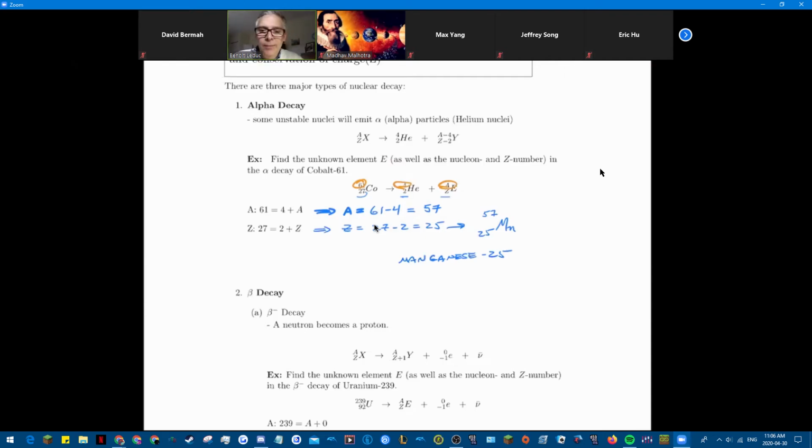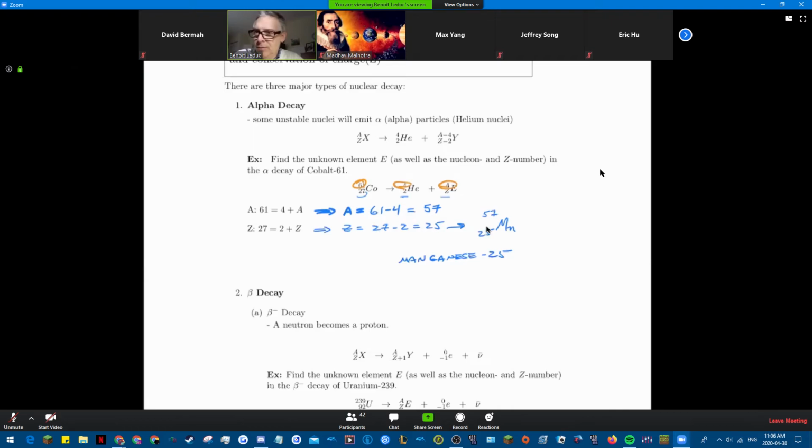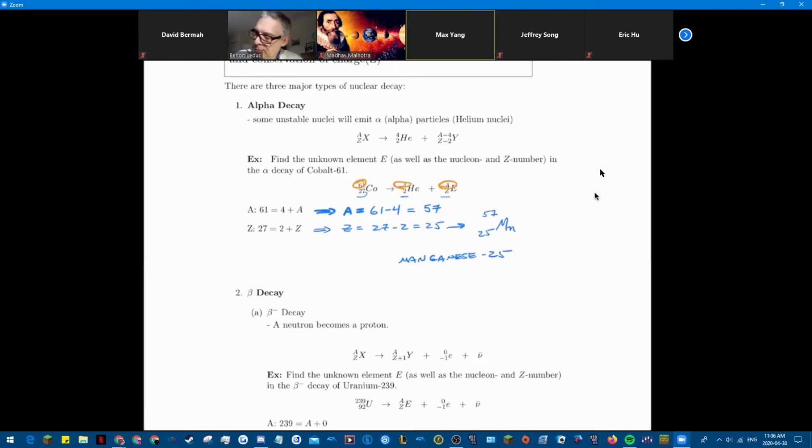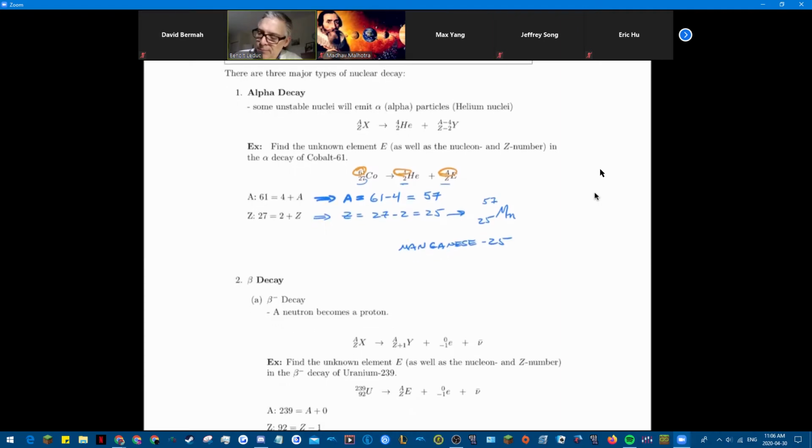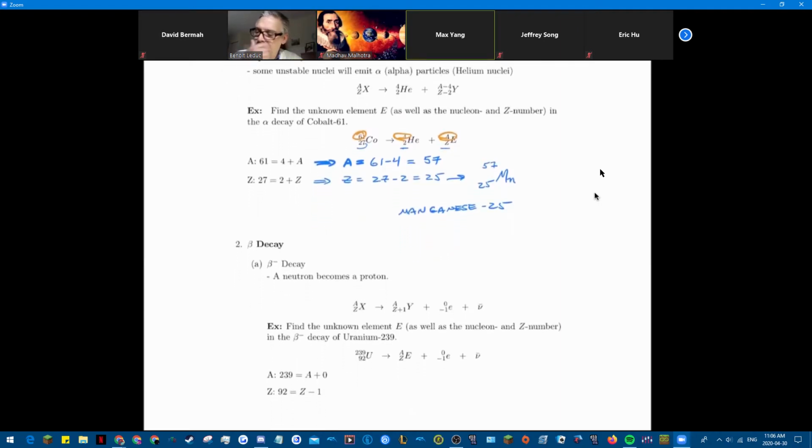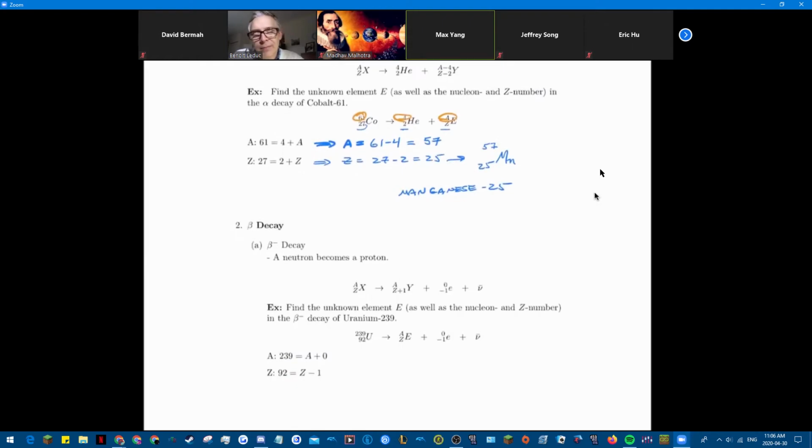Okay, are you good for this? Yes, Max. You still have your hand raised? I have a few questions. So usually in chemistry, when we write out the name of the element, the teachers won't let us use capital letters. Do you care if we use a capital M? Oh, those chemists.